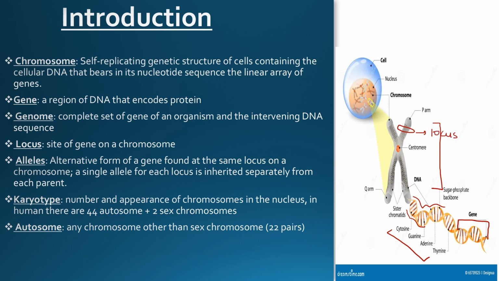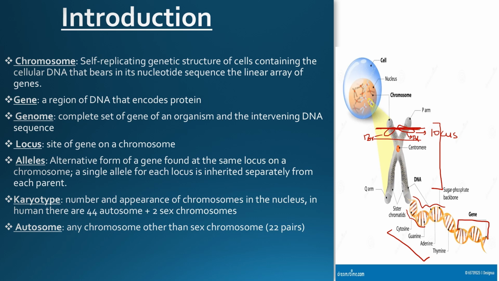that particular gene. To understand the concept of alleles, let's suppose that this is the allele for the hair color. If this is black and this over here is brown, so basically the alleles are alternative forms of a gene found at the same locus as we discussed, the same area, but they're on different sister chromatids.